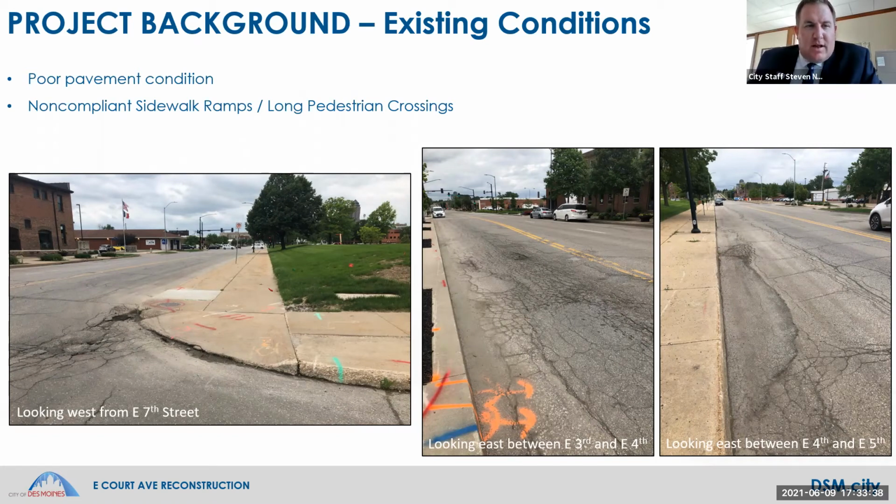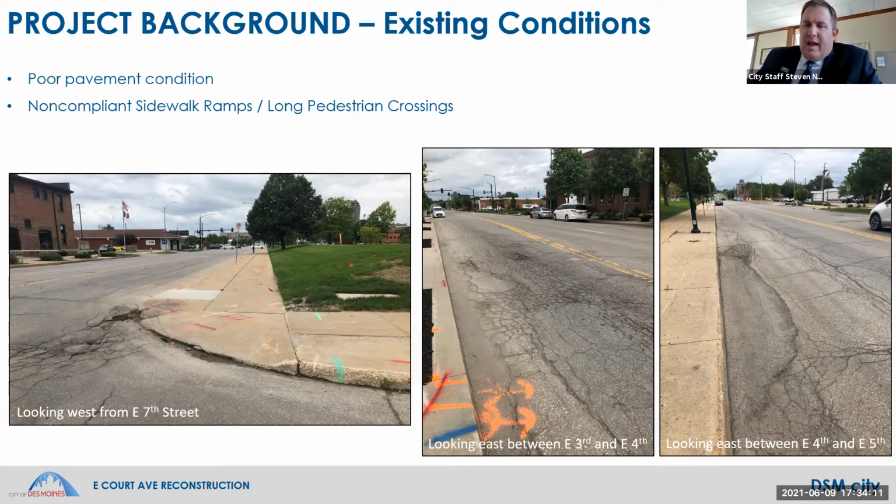Also, when we do what's called an alteration, as defined by our federal government through the Americans with Disabilities Act, we also take the time to upgrade our sidewalk curb ramps to meet compliance with the Americans with Disabilities Act. So that's one thing. Through our pavement management planning process, the pavement needs reconstruction.